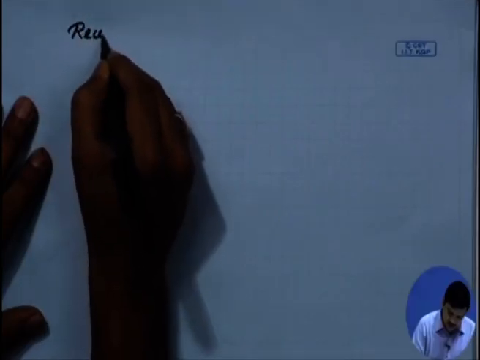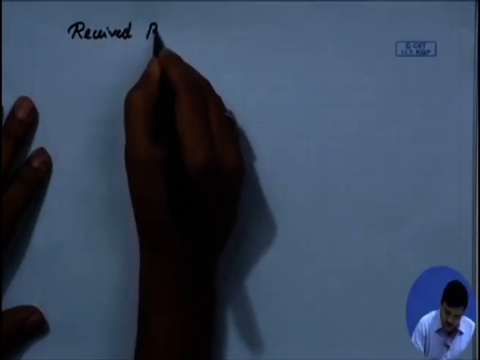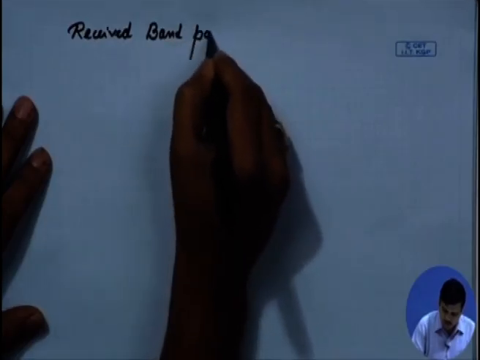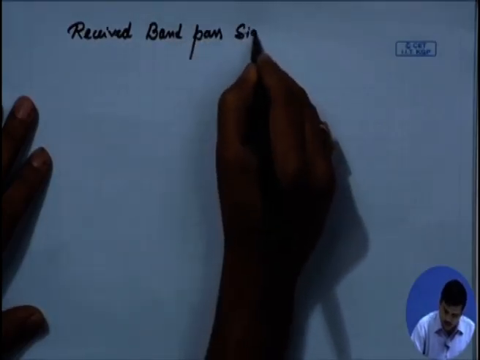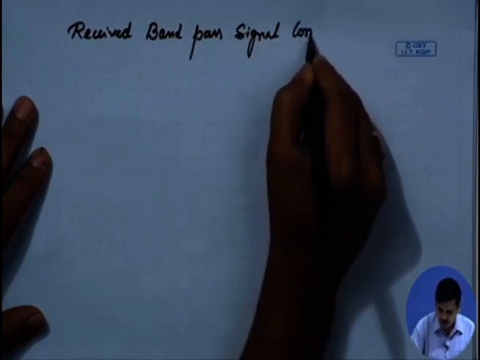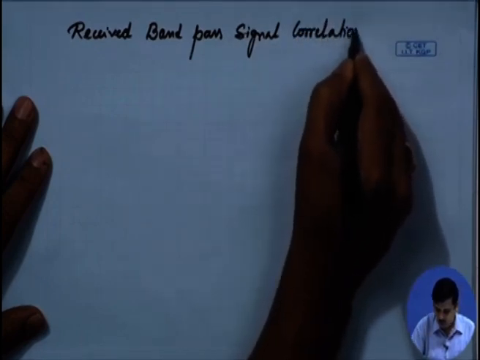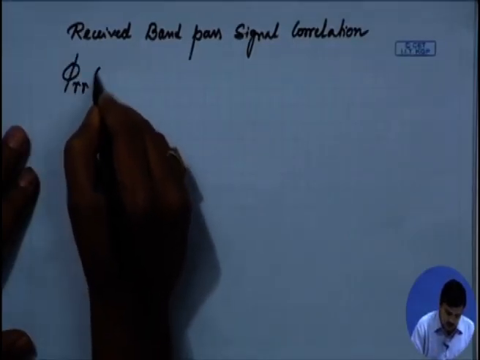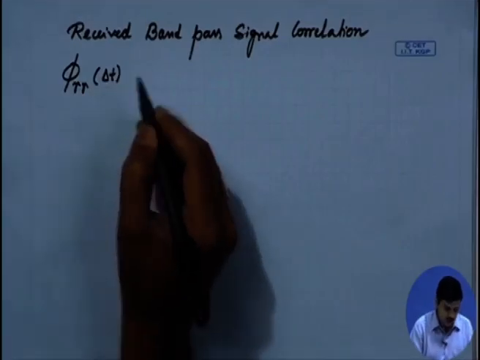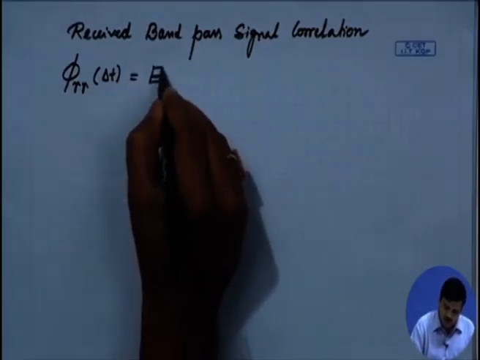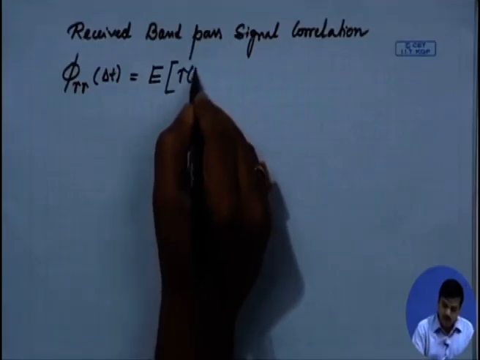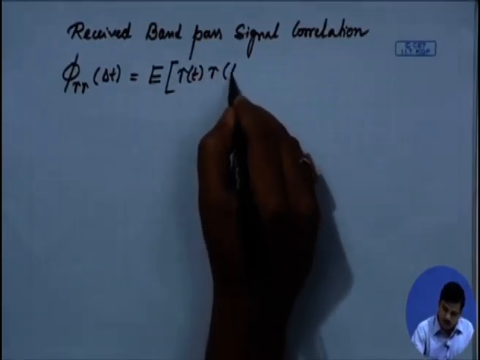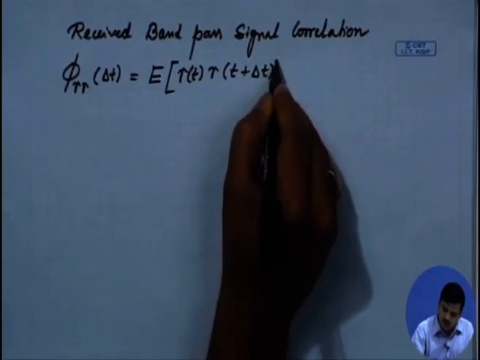So, if we look at the received band pass signal correlation, we could write phi of r of delta t is equal to expected value of r of t times r of t plus delta t.